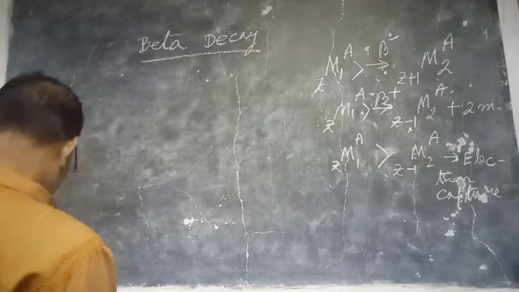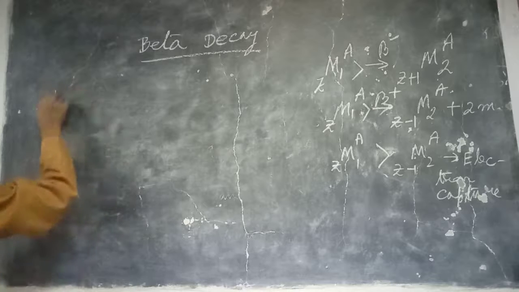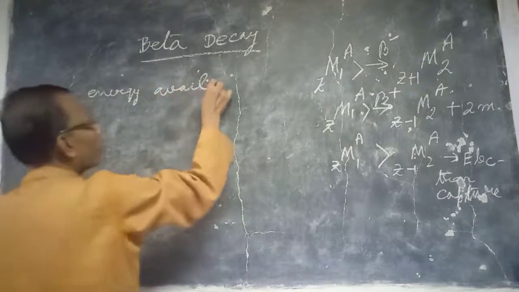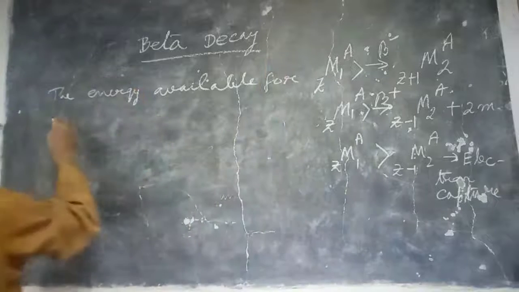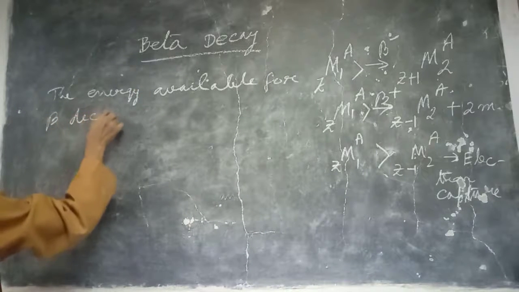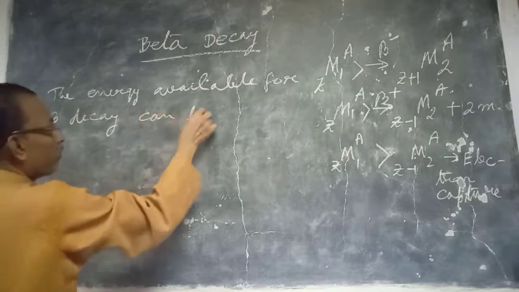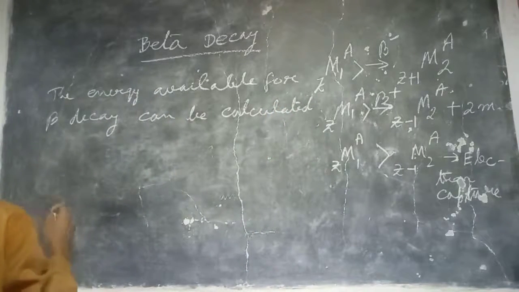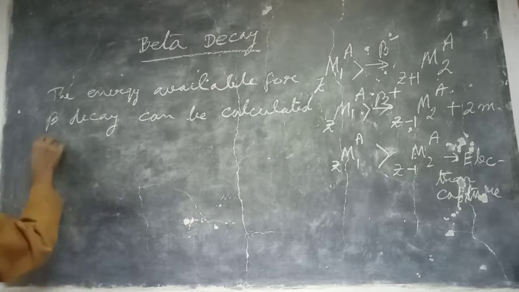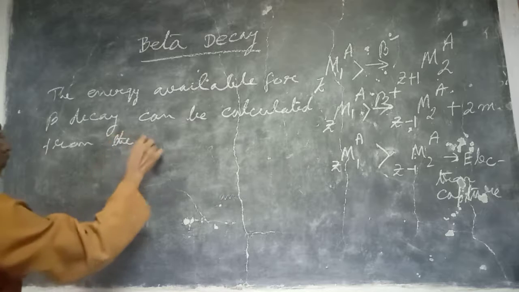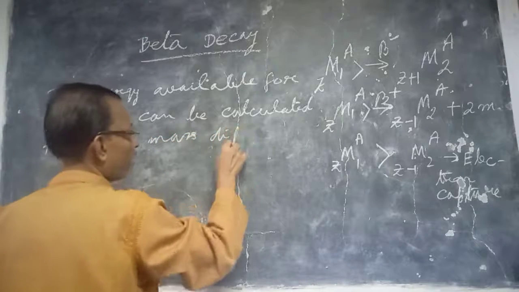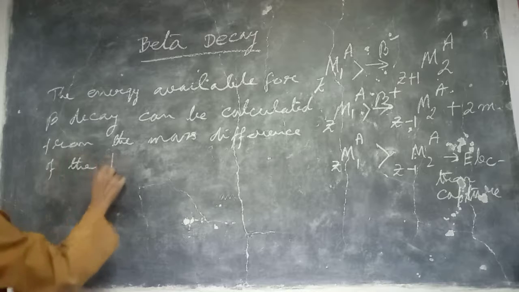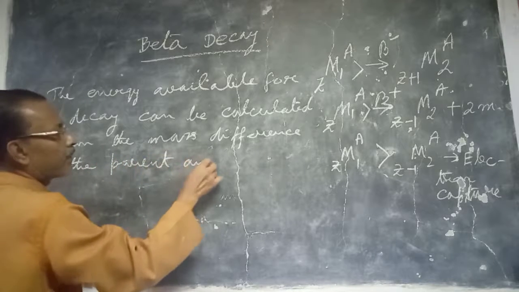Now the energy available for beta decay can be computed or calculated from the mass difference of the parent and daughter nuclei.